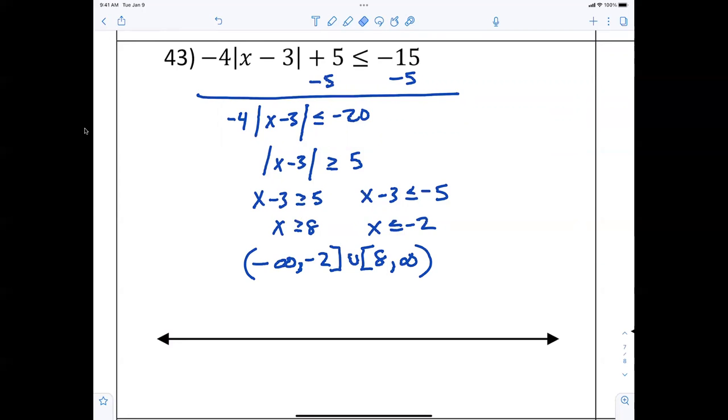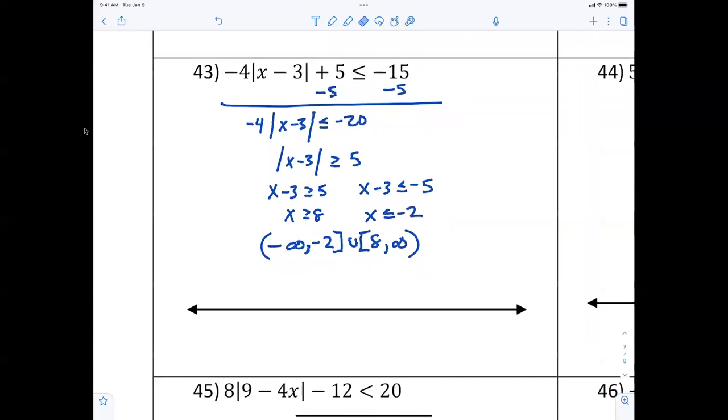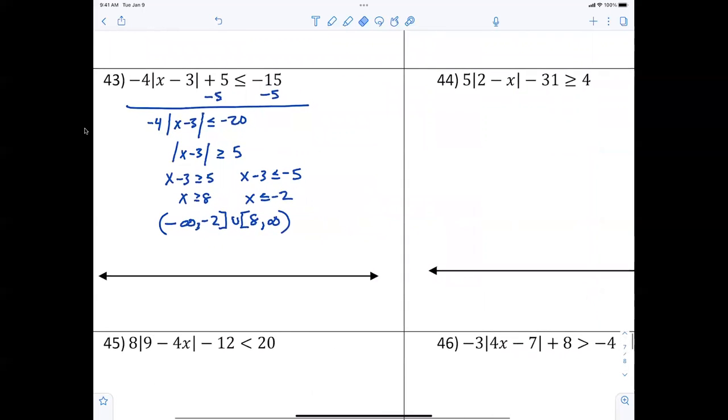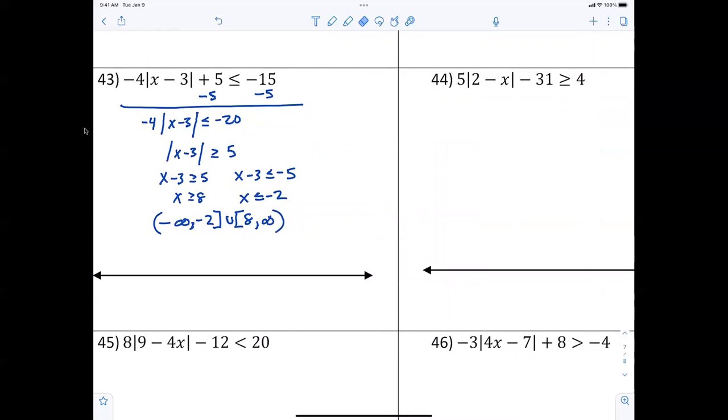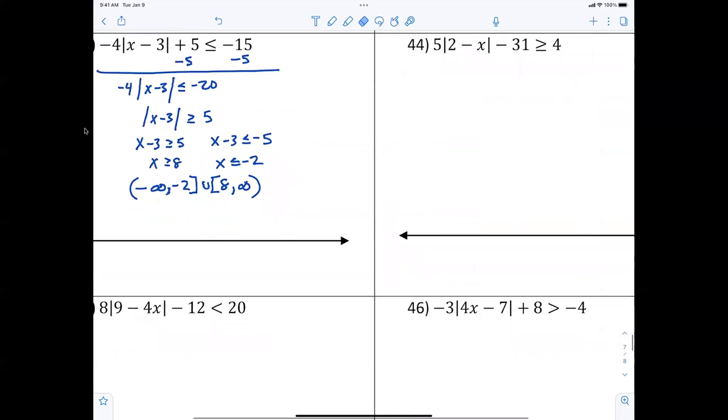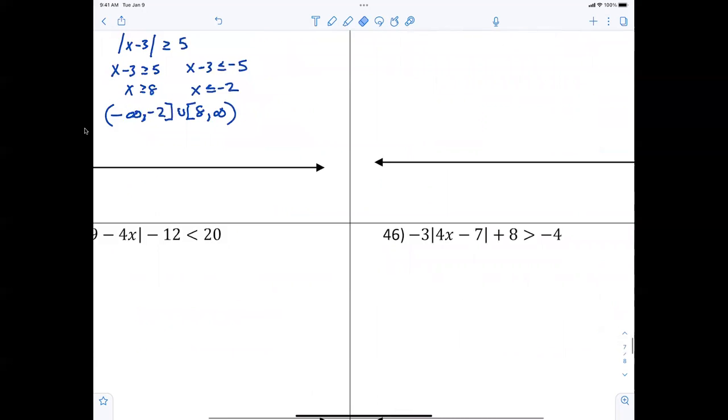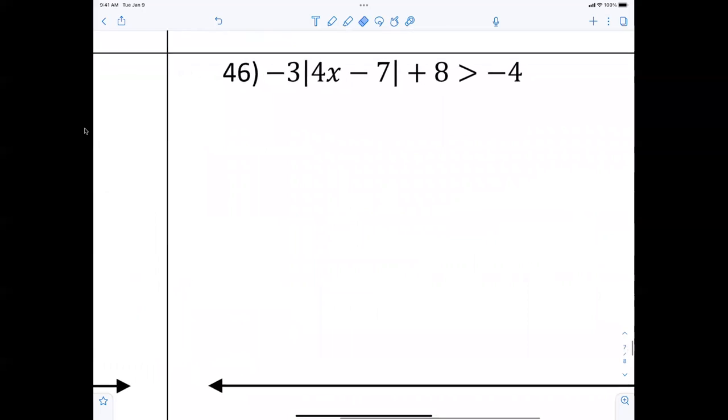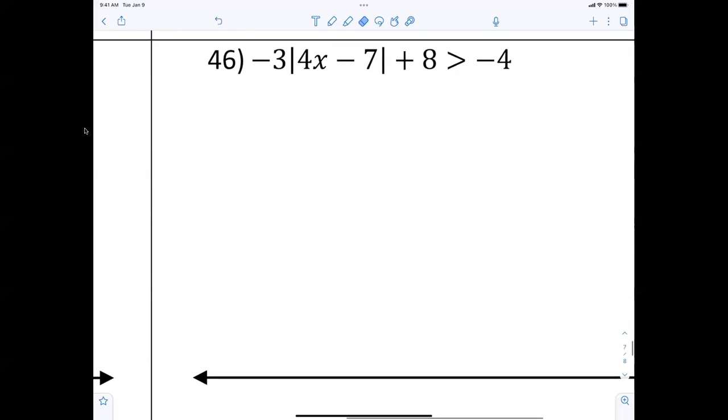A greater than one, or actually a less than one. This one started out less than, but the sign changed. Okay, so let's do, oh, I like this one, 46. First thing we need to do is subtract 8.